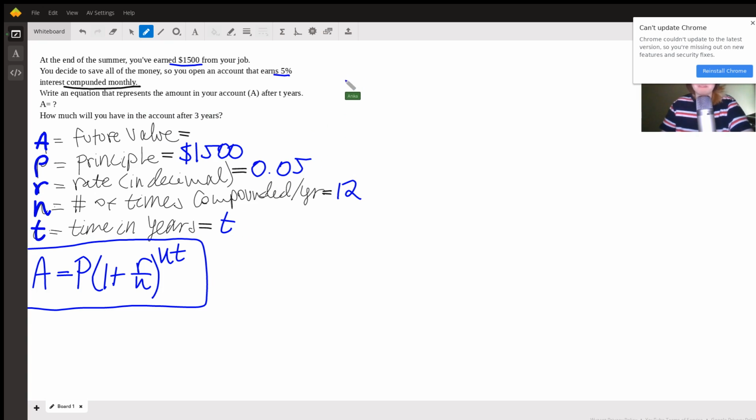So our equation becomes A equals our principal, which is 1,500, times 1 plus 0.05 over 12, or the interest rate over the number of times it's compounded, to the power of the number of times it's compounded times t.